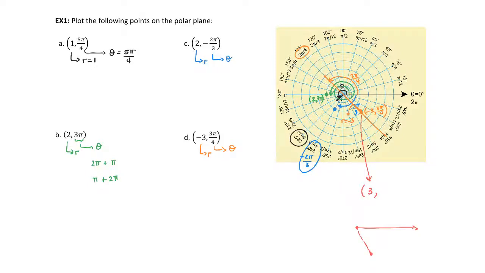If r is going to be positive 3, then we have to represent it with the theta that goes all the way from the polar axis to the ray where the point is located. So theta couldn't be 3 pi over 4 anymore. Theta will be 3 pi over 4 plus pi. So then that means 3 comma 7 pi over 4.